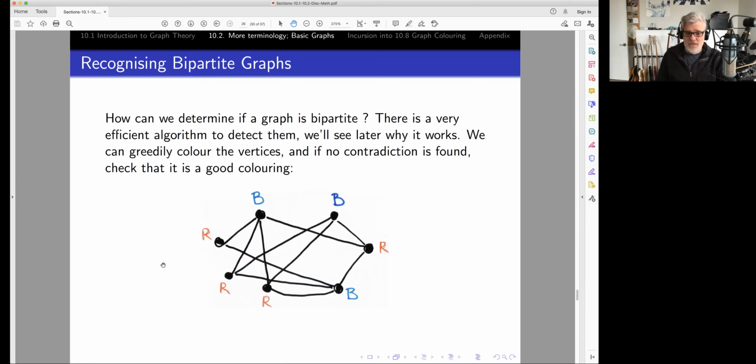And we're lucky because we didn't get a collision. There was no contradiction. And there you go. This graph is bipartite. It's all good. There was no crash, and this is our coloring, and that's it. So that's really a very simple-minded algorithm, and it turns out that it always works. It can't go wrong.